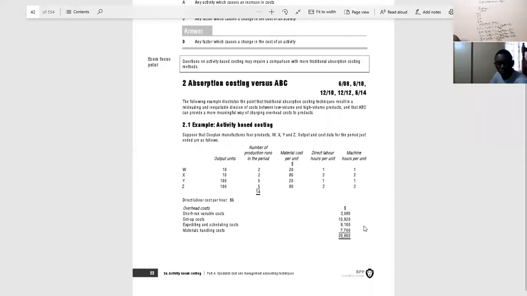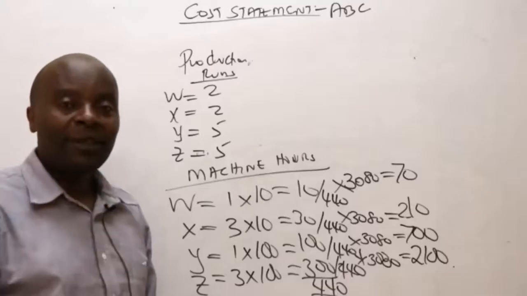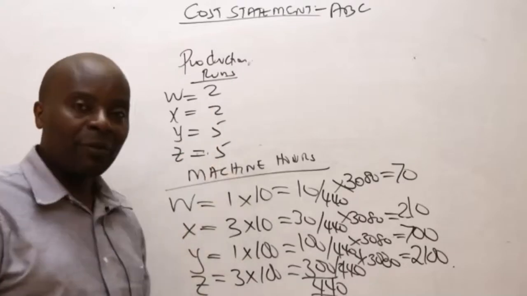Yes, I can see W, X, Y, Z, 2, 2, 5, 5. The question is, will I multiply these figures with the number of units, ladies and gentlemen?